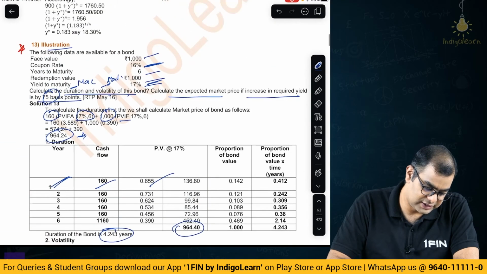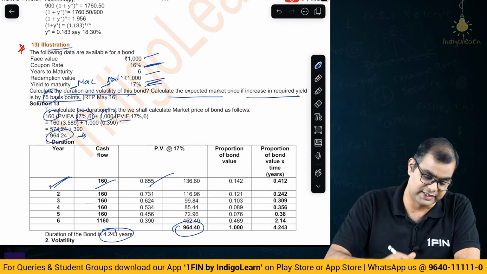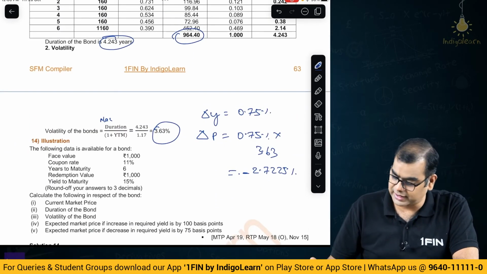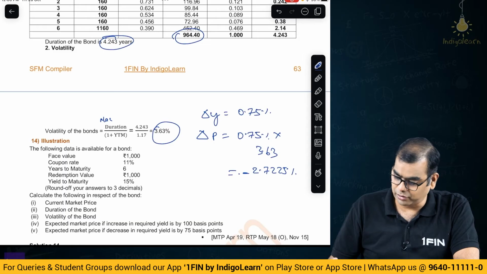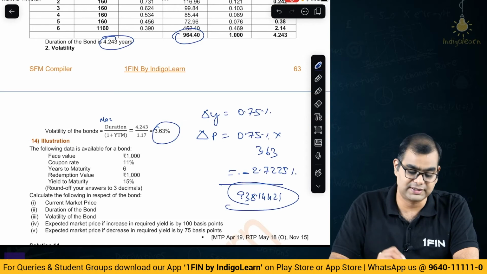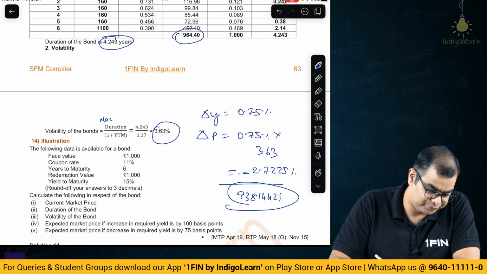Because they say there is an increase in yield. So, price decreases. Price decreases by minus 2.7225. So, you compute 964.4 into 2.7225%. You get 26.25. You subtract, you get 938.14421. That is the price. This is the price because of the increase in yield.